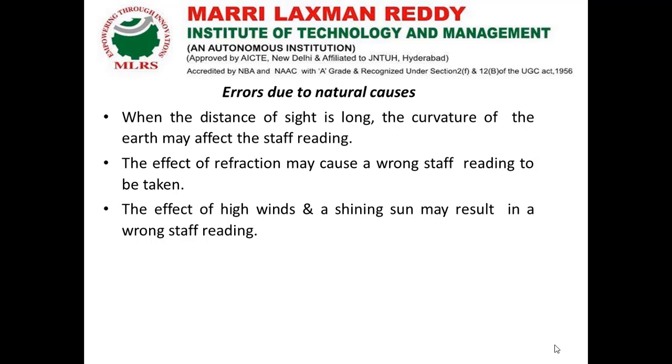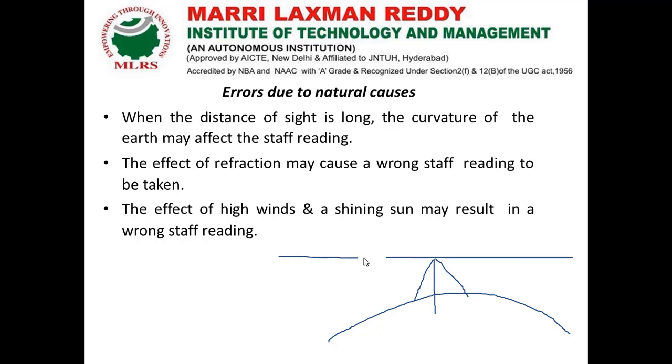Then error due to natural causes. When the distance of sight is very long, curvature correction should be applied. That means the earth is spherical in shape, so if I fix the instrument and take a long reading, my horizontal line of sight won't stay straight like this, it gets deviated like this.